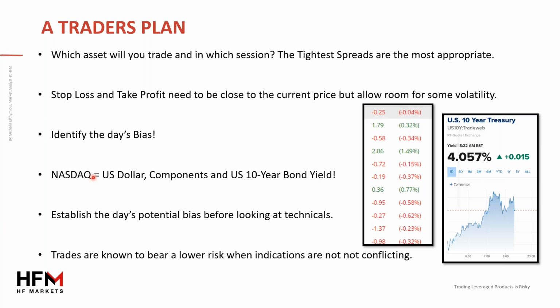Next, its components. Within the NASDAQ, there are 100 stocks. Some of those stocks are more influential than other stocks. So I'll look at the most influential. Some traders look at the top 20 most influential, some look at the top 10. So for example here, if we're looking at the US dollar increase in value, I've got here the current performance of the most influential stocks, this is the top 10. I can see that 1, 2, 3, 4, 5, 6, 7, 8. 8, ladies and gentlemen, are in the red.